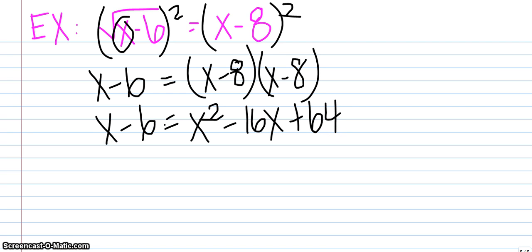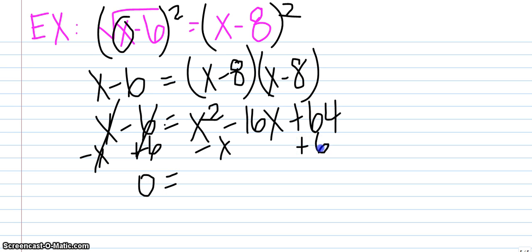Once again, I need to get everything to the other side, so I'm going to subtract x and add 6. So that cancels and gives me 0. Subtract x and add 6. So I have x squared is equal to negative 17x and then plus 70.